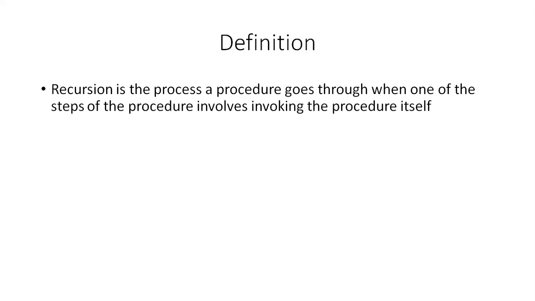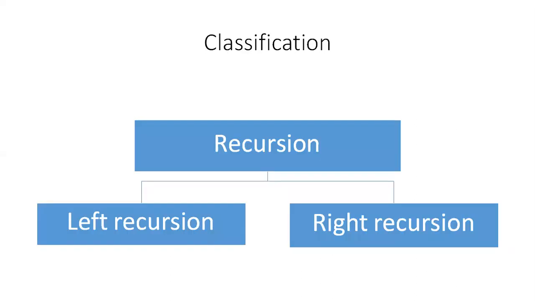This is the definition of recursion, the sentence we use for defining it. But to know it in detail, when we see the example, you can clearly understand how the grammar consists of recursion and how we eliminate it. Recursion is classified into two types: one is left recursion and the other is right recursion.